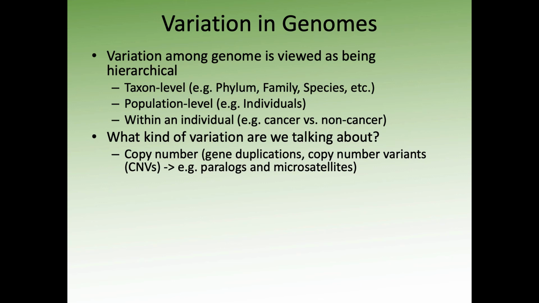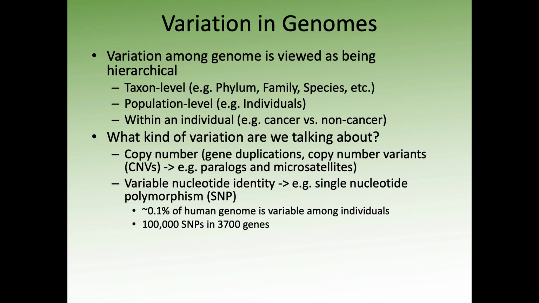Well, understanding how we're going to quantify that is really important. So one of the ways that we talk about variation is variation in copy number. So how many copies does one organism have versus another? How many copies does one individual in a population have versus another? Another way that we describe variation is through variability in the nucleotide identity of something. So we actually look at the sequence and see where the sequences are different.